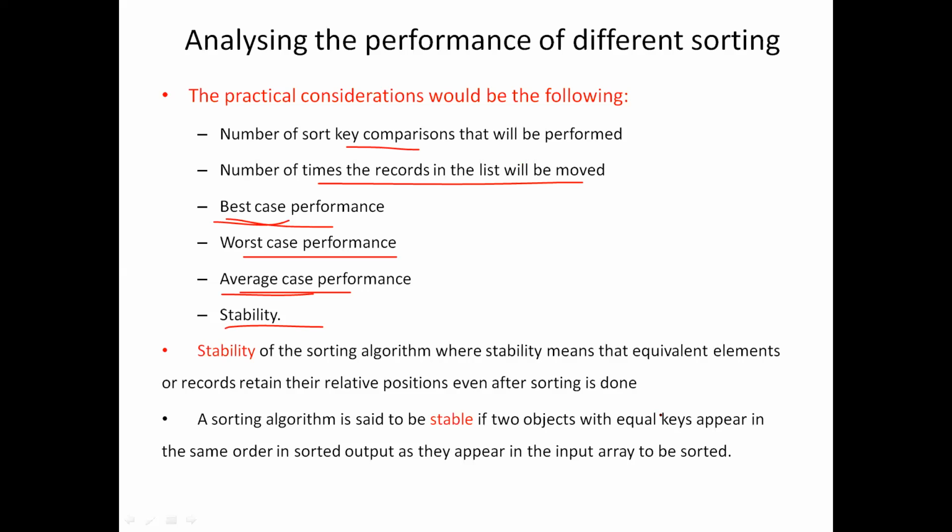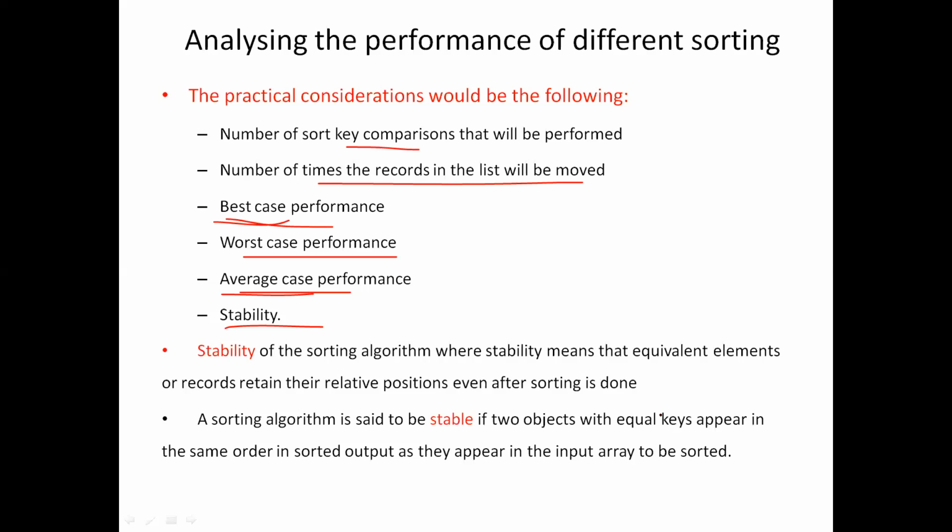For example, in a given array you have some number of elements. In a particular array, some two or three elements will be in a particular order before sorting.